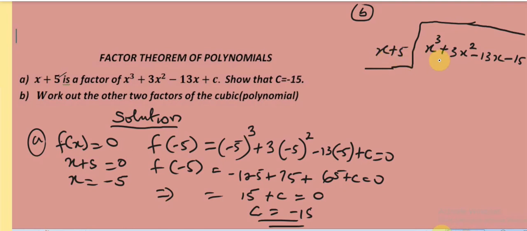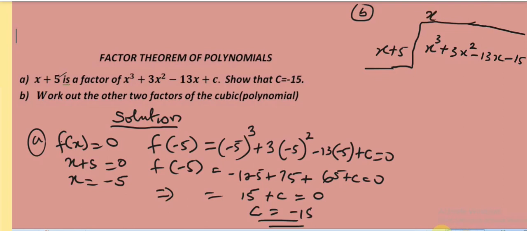Doing that, I will divide the term with the highest power of the variable, which is 3 here, by x. So x raised to the power of 3 divided by x will give me x raised to the power of 2, because one x cancels one x.